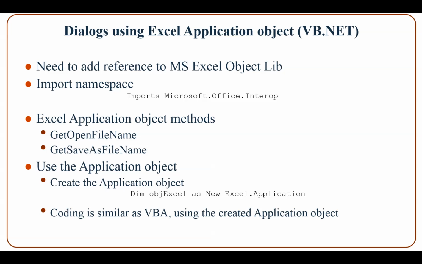Once you have the application object, the rest is similar to VBA. For example, you type objExcel dot, then you will see the methods GetOpenFileName and GetSaveAsFileName, and you can select one or the other depending on your purpose.